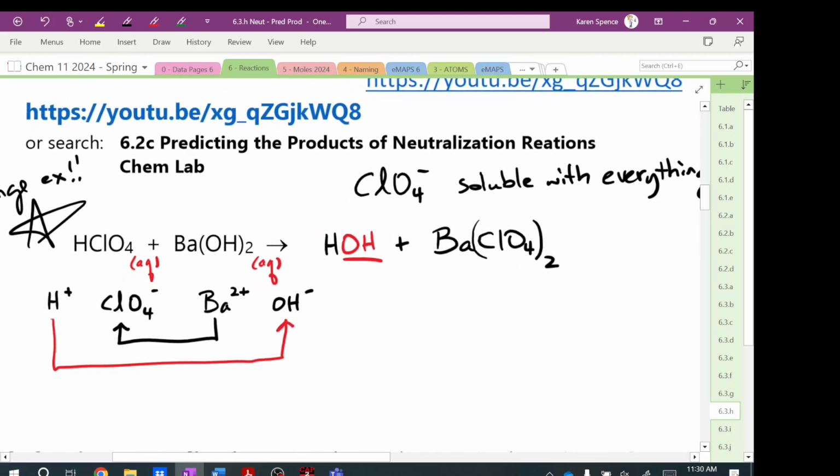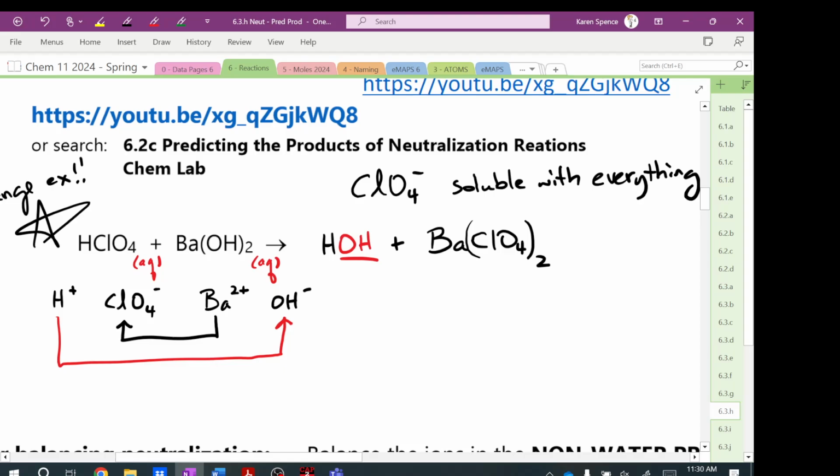So what would your states be for your products? Water would be, what is HOH? And what is its state? Is water aqueous, dissolved in water? It's a liquid.